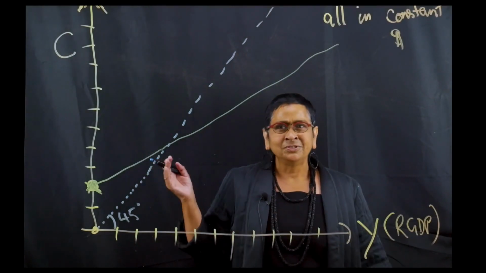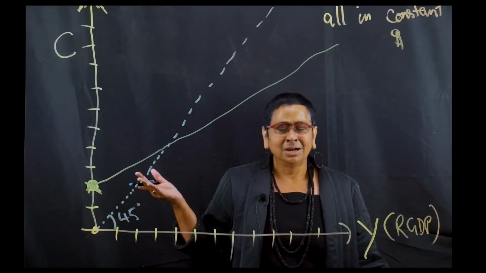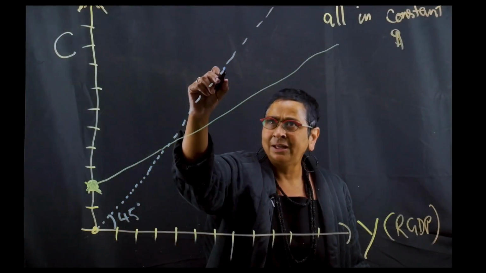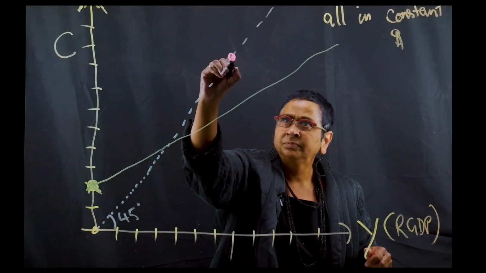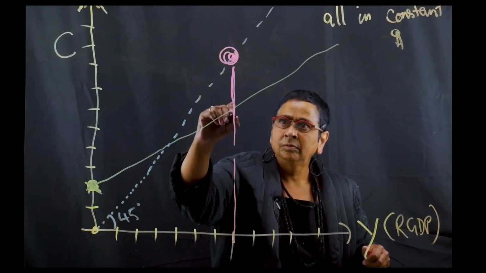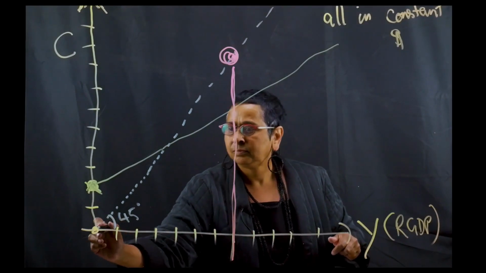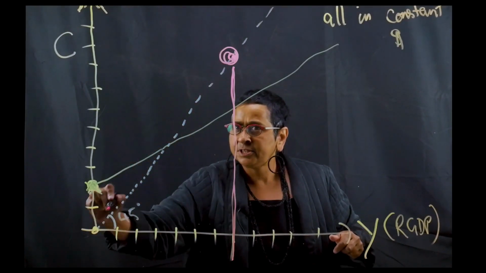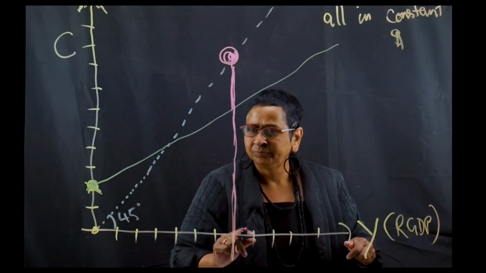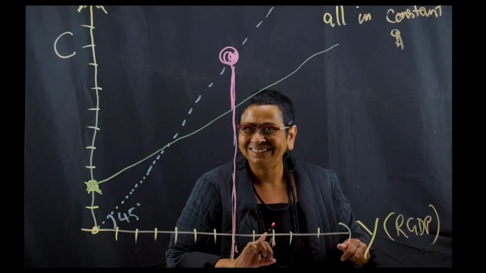All of you have done geometry, you've heard about triangles, and you know that if this is a 45-degree line, and I drop this straight down, that means that's a 90-degree angle, right?